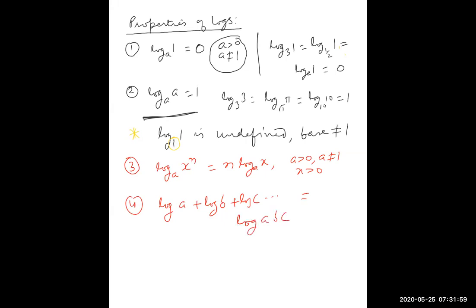Base must be the same in this. All bases must be the same. Whatever you take, base must be the same. Base can be 10, base can be e, base can be 3, base can be 5. Fifth property I have given was log of a upon b. This is log a minus log b.